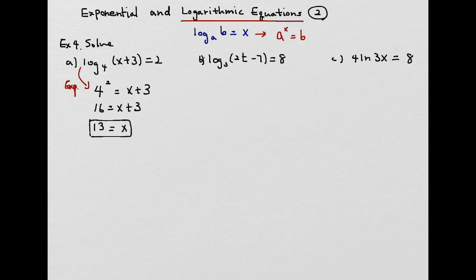So let's try another one, B. This is a simple logarithm. If we want to change this into the exponential, it will be 3 to the 8 exponent equals 2t minus 7. And we can solve for t by adding 7 first, and then dividing by 2.